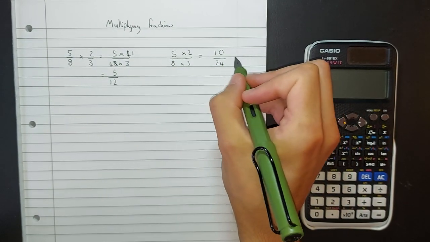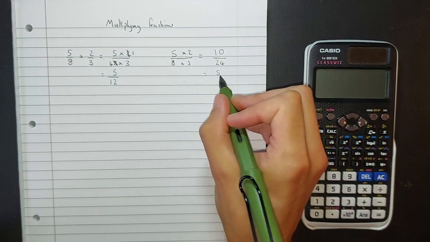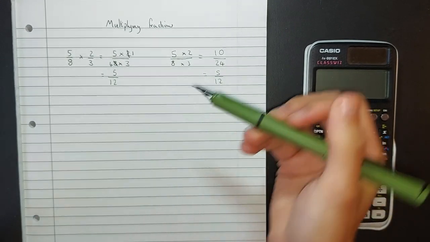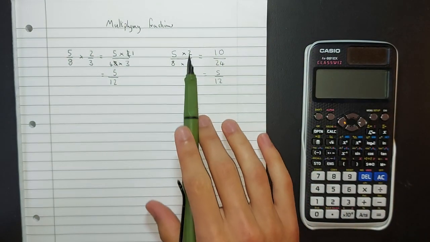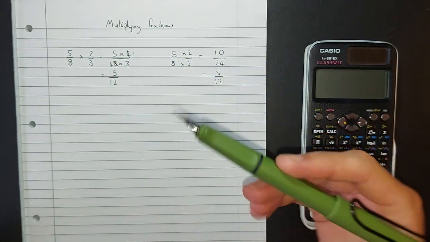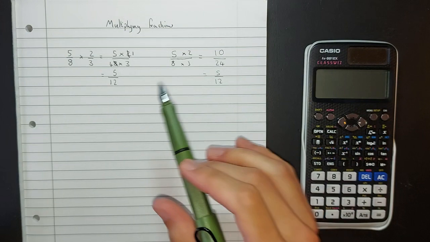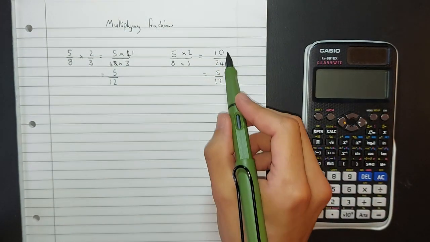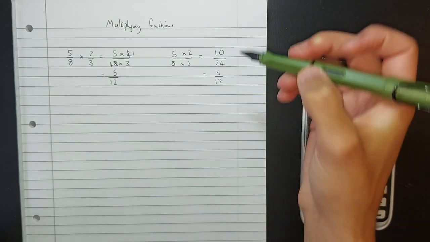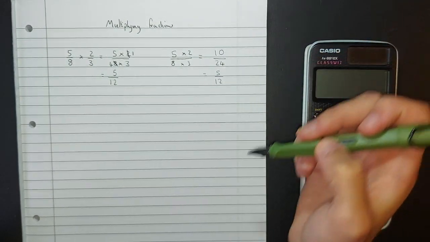So dividing the top by 2 gives us 5, and dividing the bottom by 2 gives us 12. So you can see that we've carried out the same calculation. In this case, our numbers were quite small, so it wasn't too bad. But if you have really big numbers, you can make your life a lot easier by cancelling out at this stage rather than at this stage, because finding common factors of two really big numbers can be quite difficult.